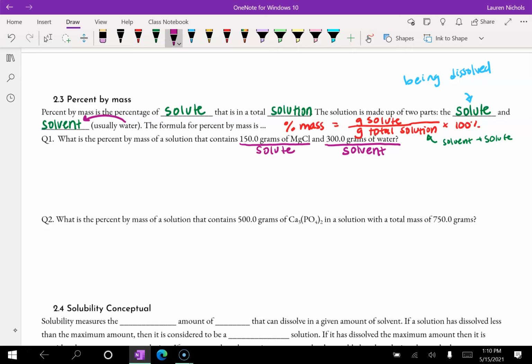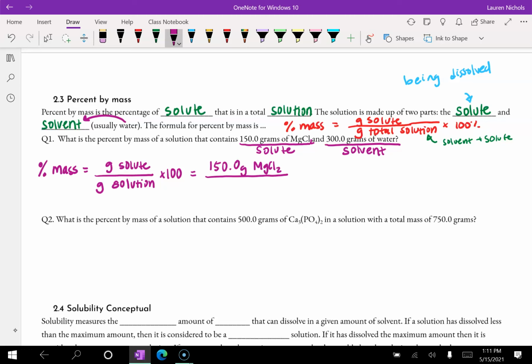So in this case, when we look at our formula, our percent by mass is equal to the grams of our solute divided by the grams of your total solution times 100. Well, we know that our grams of our solute is 150.0 grams of magnesium chloride, which should have a subscript 2, typo there, divided by the grams of solution.